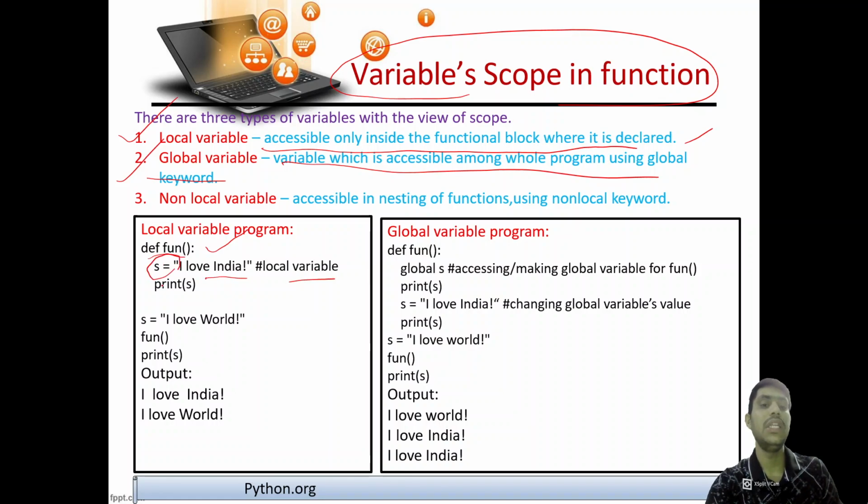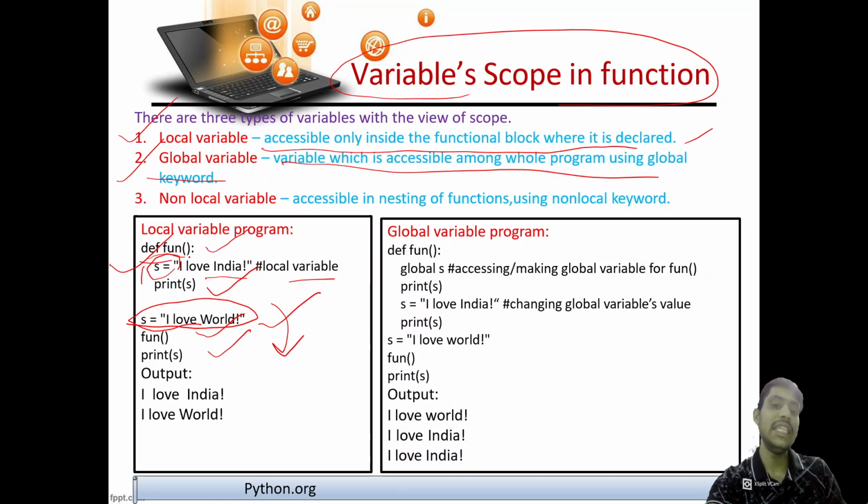Here s is a local variable, because it is defined inside a function. Then print s, I love, function print s. You can see this s we can call, but global variable will be accessed by everyone.